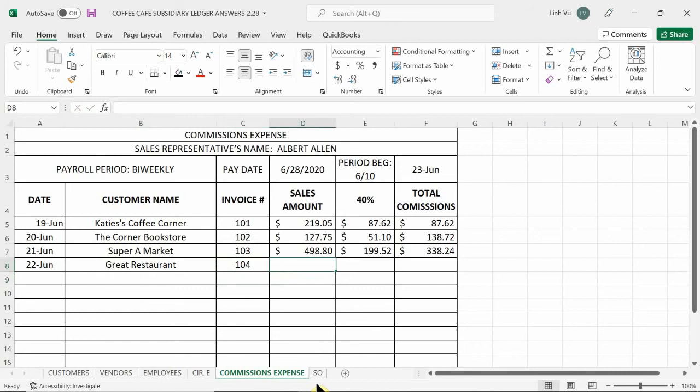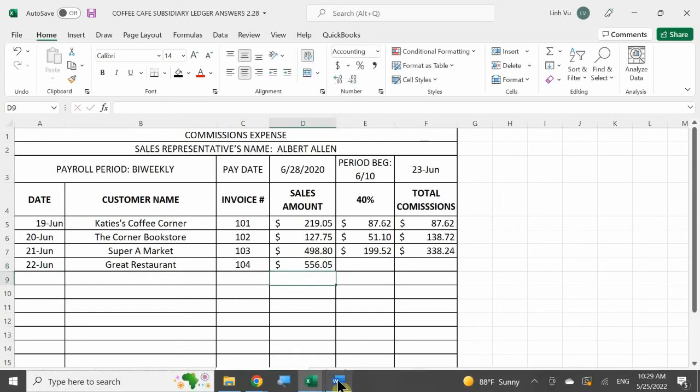So what is 40% of $556.05? That was the bill, right?